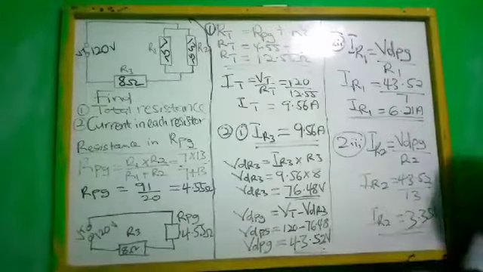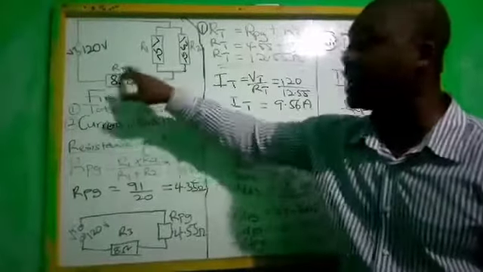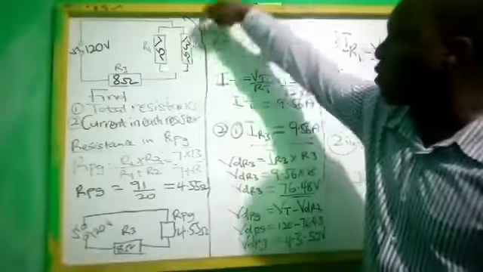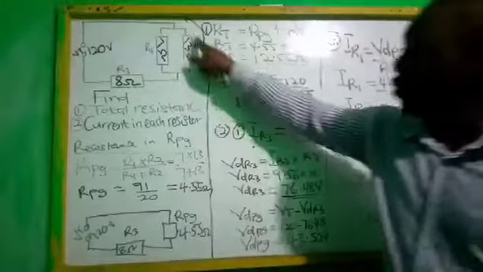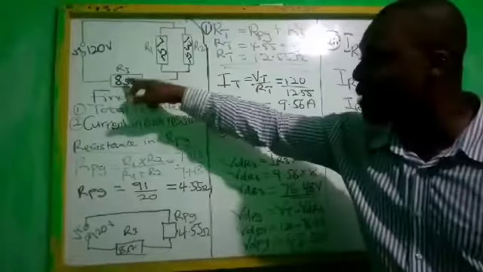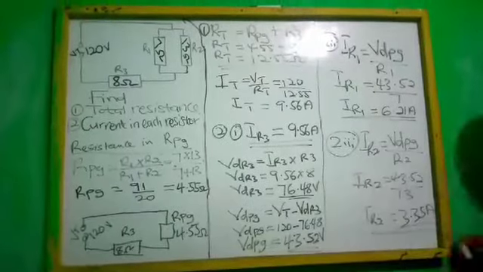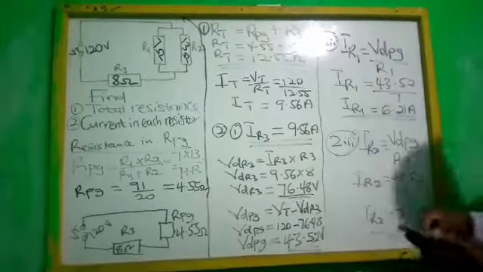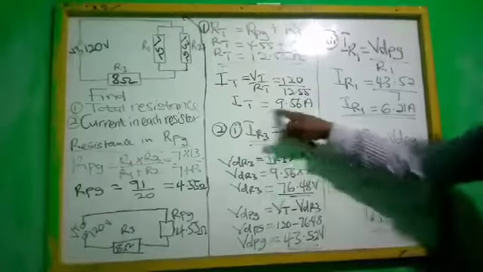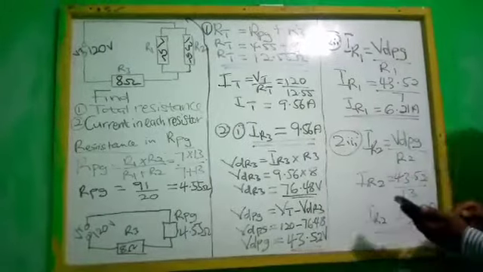All right, let's add these two currents. I told you that the total current is the same current that flows in R3. When we add the R1 current and the R2 current, we get the same amount of current that flows in R3. So let's add the currents in R1 and R2 and see whether we get the total current in R3, so that we see that our answer is correct.